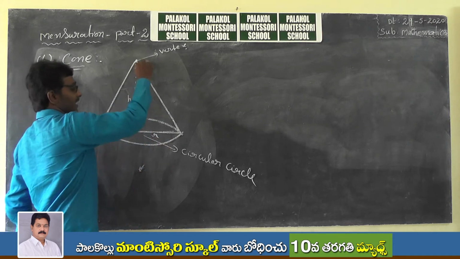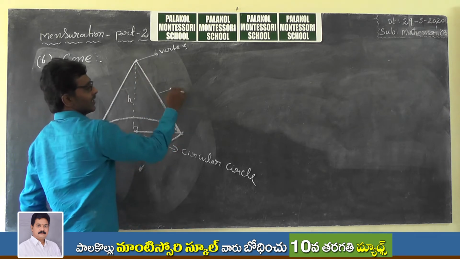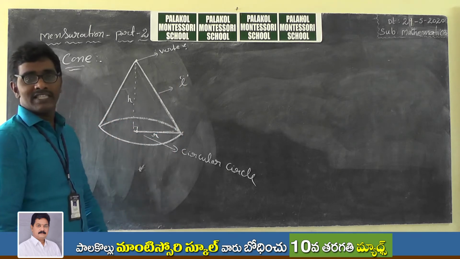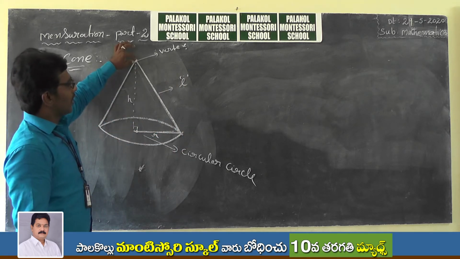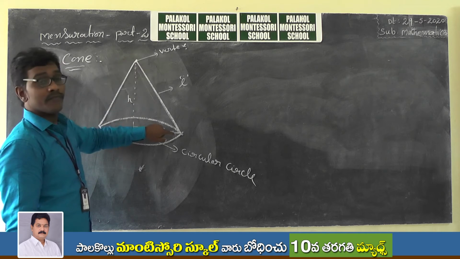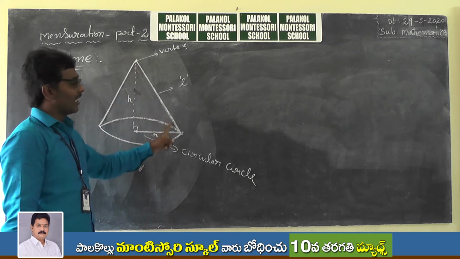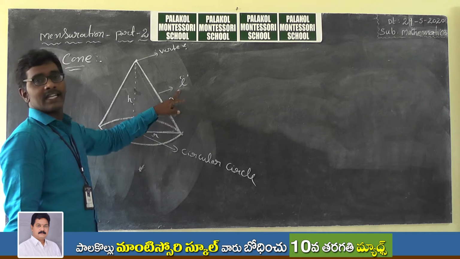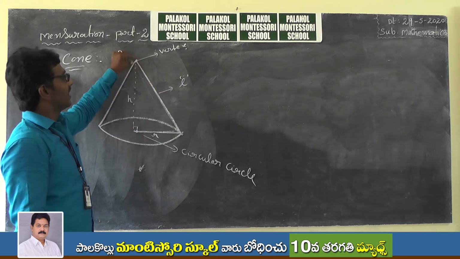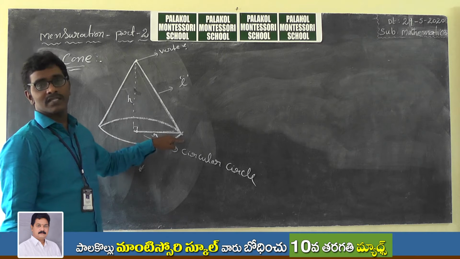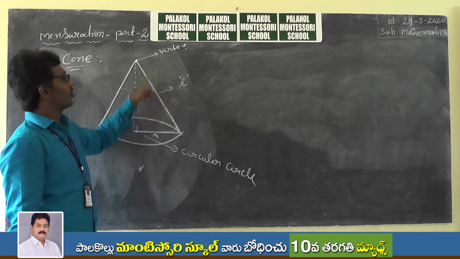Next one is the slant height. The slant height is represented by small l. How to define the slant height? Join the vertex and one point on the circumference of the circle. The line formed is called the slant height. Once again, it is a vertex; take one point on the circumference of the circle and join it.